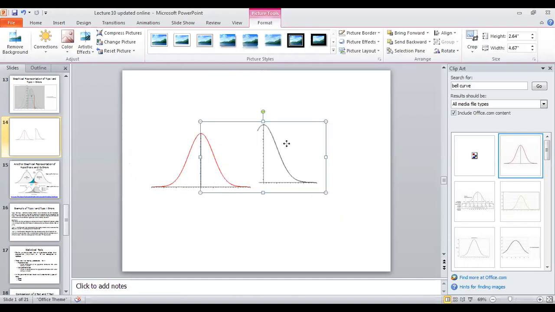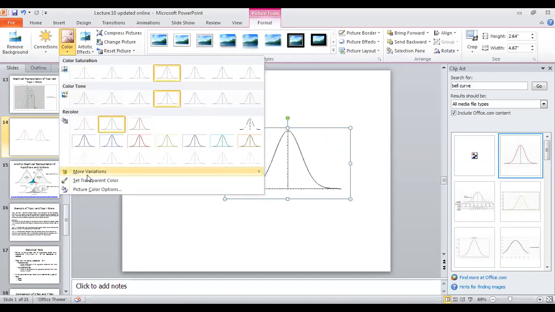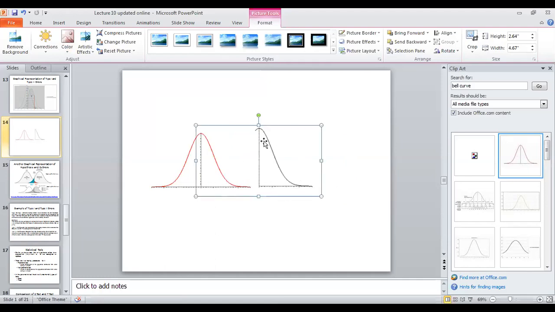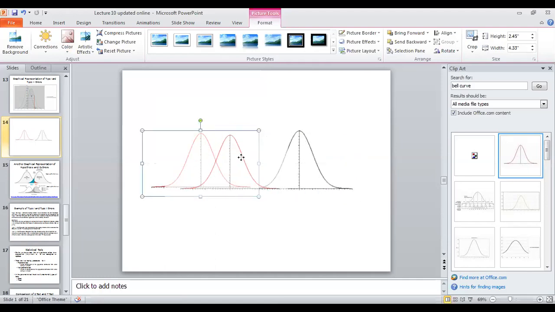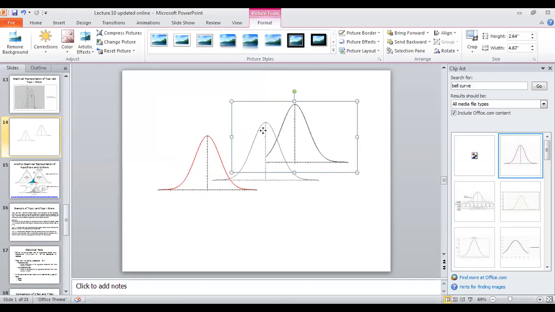Is it working? No, it's not working. Let's do it again. No, it's not working. Let's try this thing again.